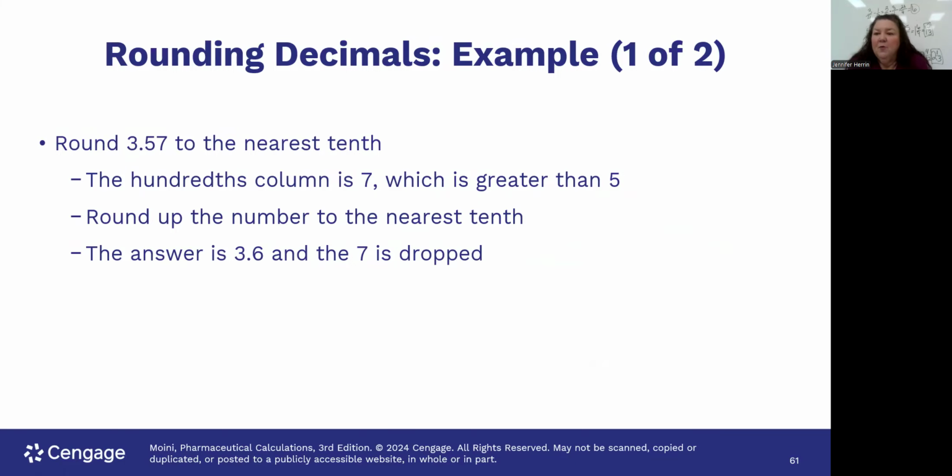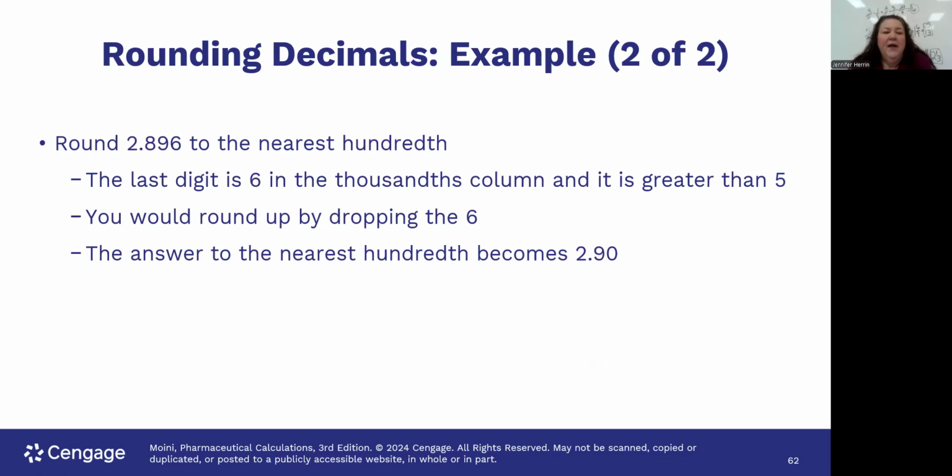First you have to remember that the tenths place is 1 place past the decimal. This means that we have to look to the number 7 to determine whether we are rounding up or dropping this and rounding down. 7 is 5 or greater, so this means we need to round the number in front of it up 1 digit. So we would change this answer to 3.6 and drop the 7.